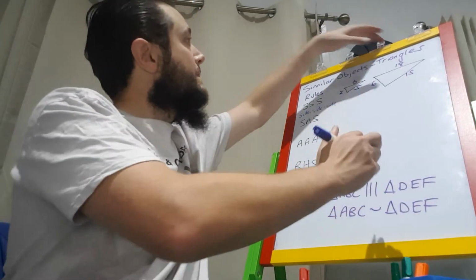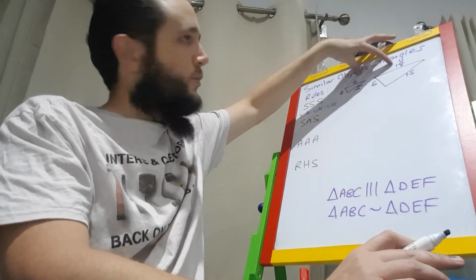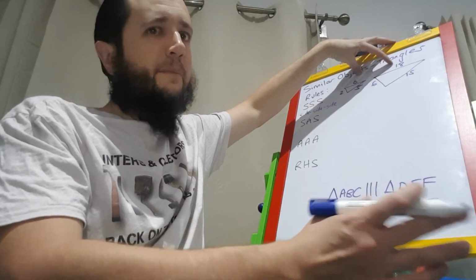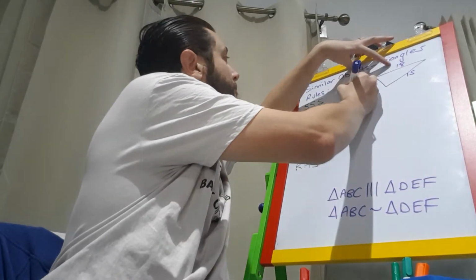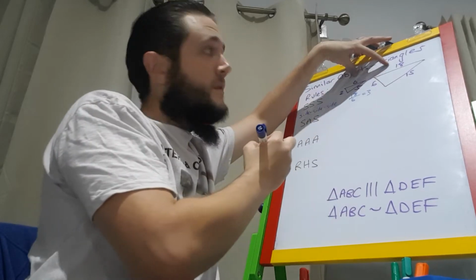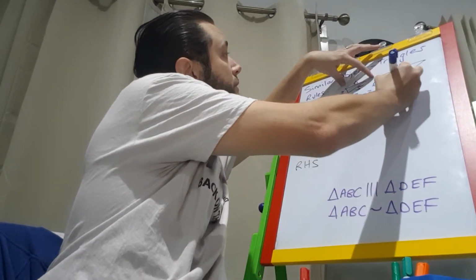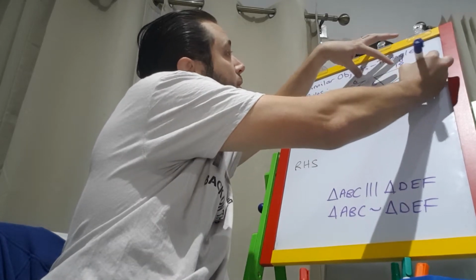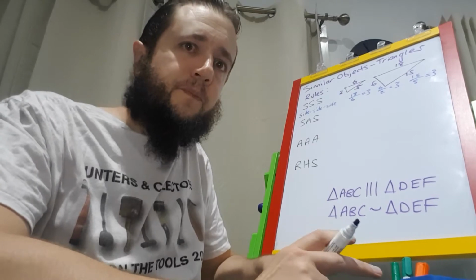So in this case, these sides are equivalent. You see I've drawn them right next to each other. They're the same shape and I haven't turned them around or done anything fancy this time. 18 divided by 6 is 3. But so is 6 divided by 2. And so is 15 divided by 5. All of them give the same ratio of 3.